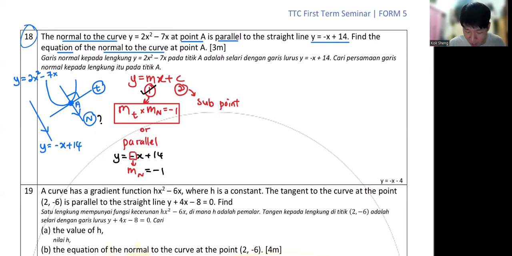So the point A, tangent also on the line, right? Correct. So for the tangent gradient, as I mentioned just now, this is your dy over dx. Okay. So we have the normal gradient.